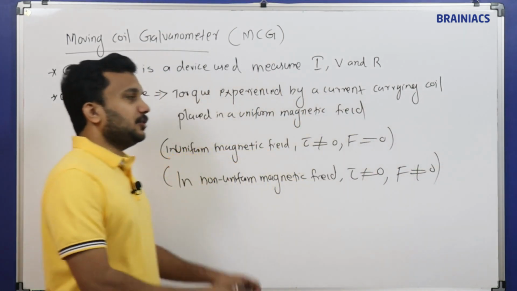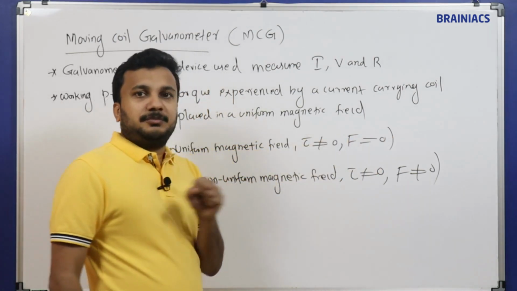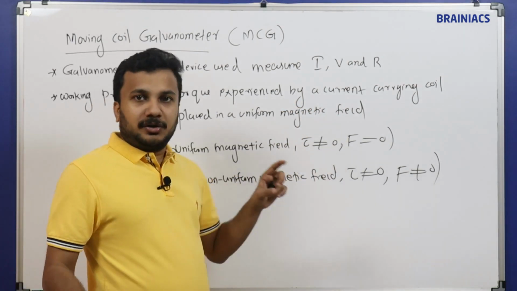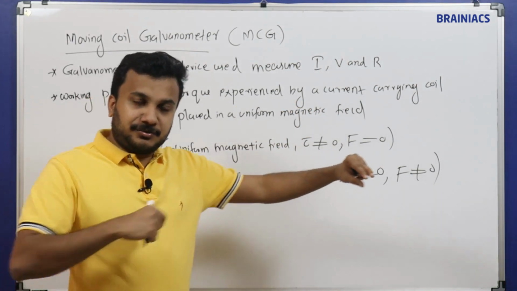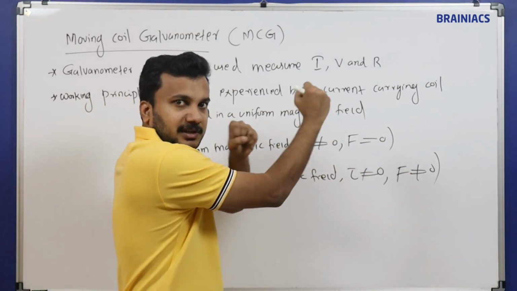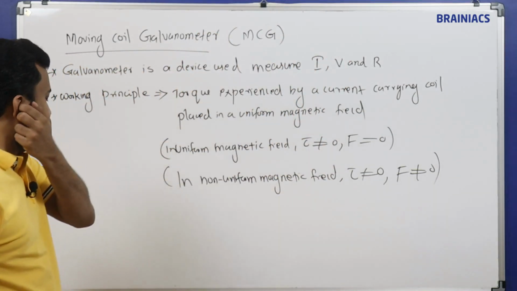Force equal to 0 means all the forces cancel. And why is torque not equal to 0? Because the line of action is different. The forces are opposite but not in the same line of action, so one is up and another is down, and it will undergo a turning effect.